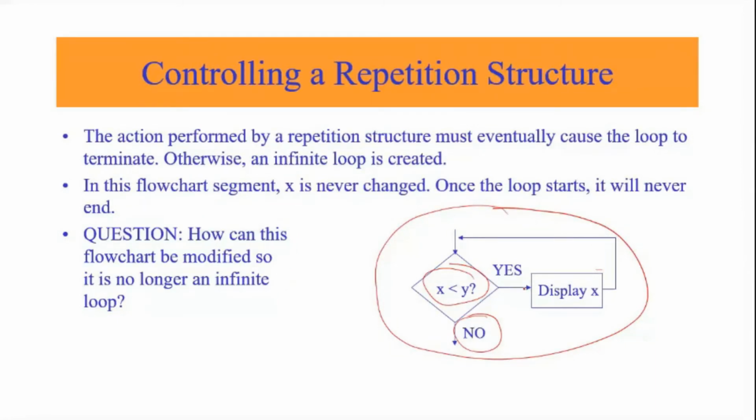In this case, it is an infinite loop because x is less than y, and it goes on infinite times. So what is the possibility of making it a loop which terminates on its own?